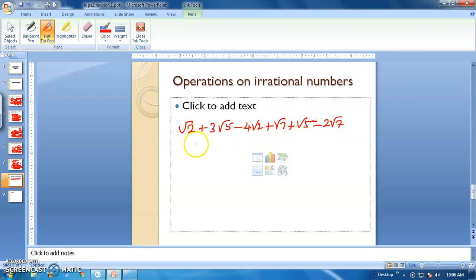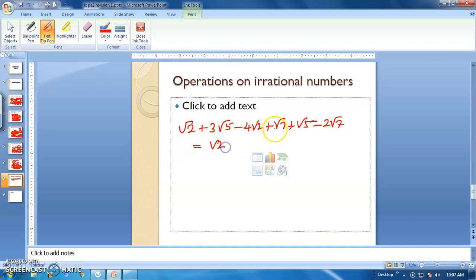Now we are going to simplify this. How can I simplify? Here, how many different types of irrational numbers are there? Root 2, root 5, root 7. So 3 different irrational numbers are there. So we have to merge them. That means I am going to write according to the like terms. Combine the like terms now.